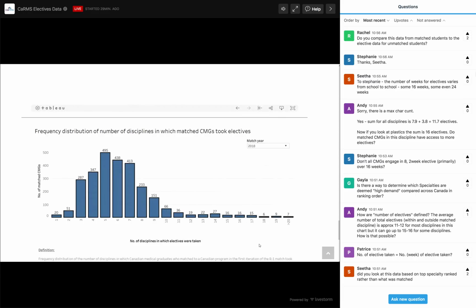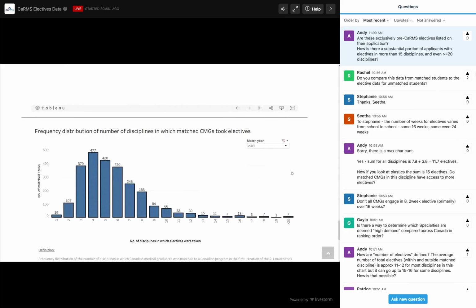I'll quickly run through the 6 years so you can get a sense of the change over time, then I'll have a couple of comments. So there's 2013, 2014, 2015, 2016, 2017, and 2018.